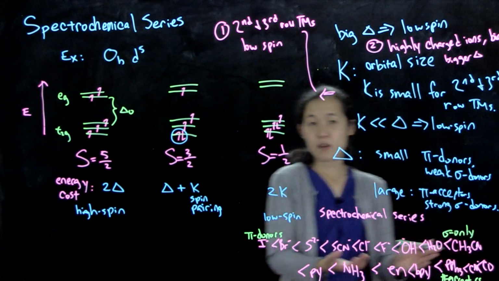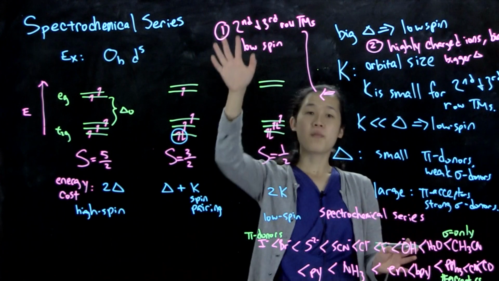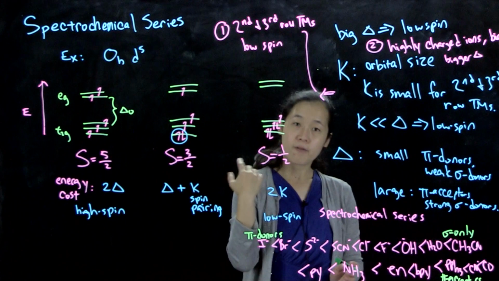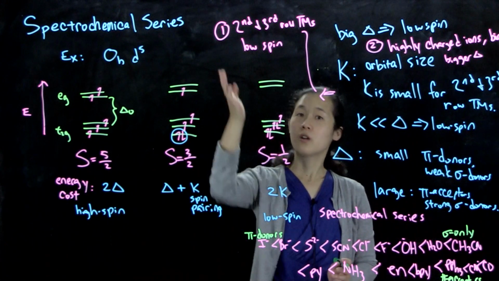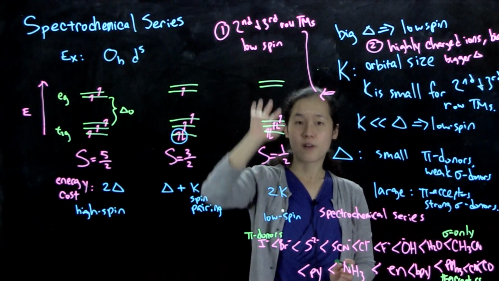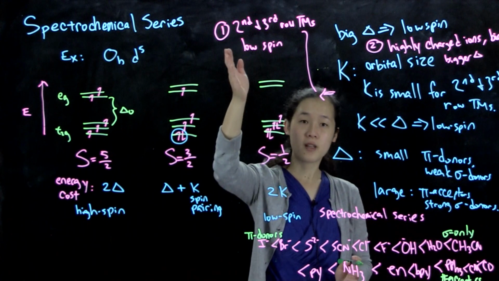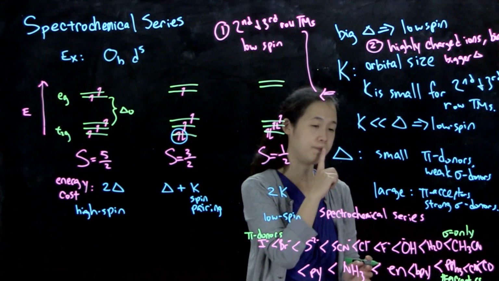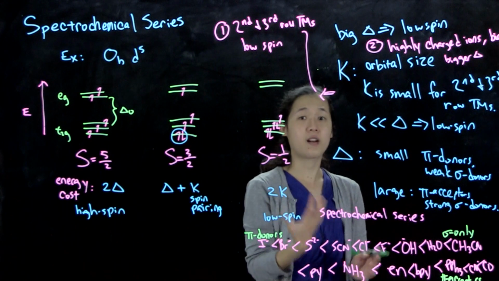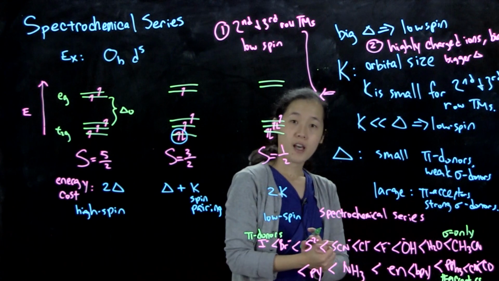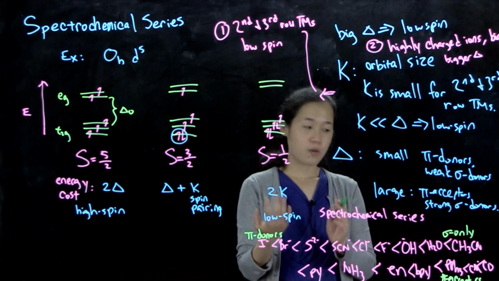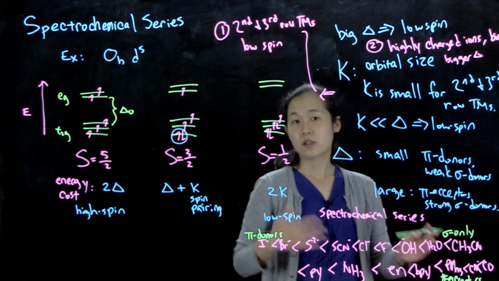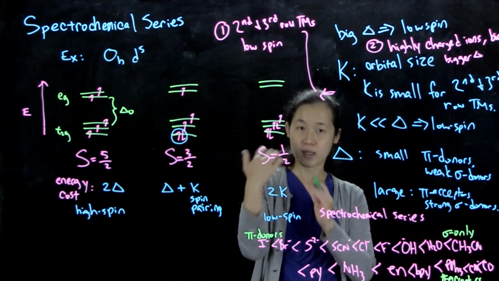You can mix some of these factors together. If we have a first row transition metal, we don't know that it's low spin, because first row transition metals can be either high or low spin since we have small orbitals, so we might have large Ks. What matters then is our delta. For example, a first row transition metal with all carbonyl ligands has a strong pi acceptor ligand, so we're going to have a big delta.